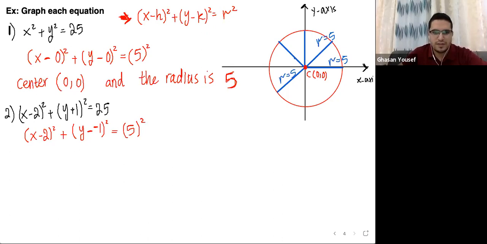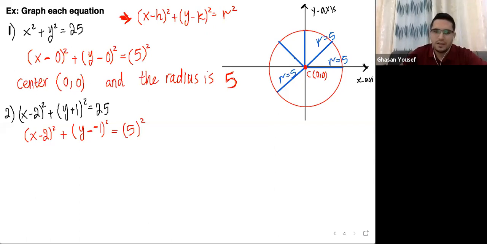So actually it is x minus 2 squared plus y plus 1. Why? Because minus minus gives me positive, positive 1. Everything squared equals 5 squared.